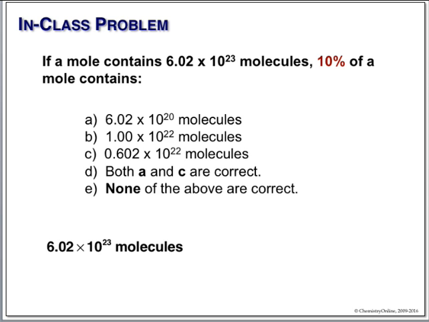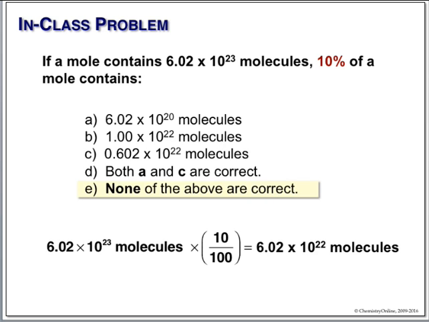So our given here is the number of molecules in a mole. 10% is simply 10 over 100. Take this, multiply it by our ratio here, and we have 10 to the 22 molecules. Now, which of these is the right answer? None of them are they? None. Everyone hates that.